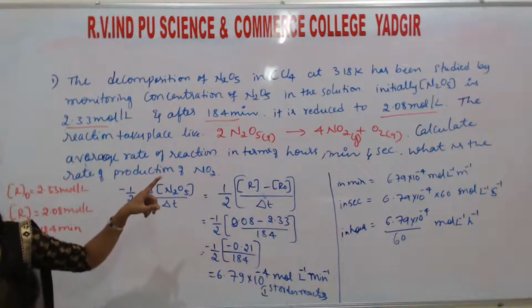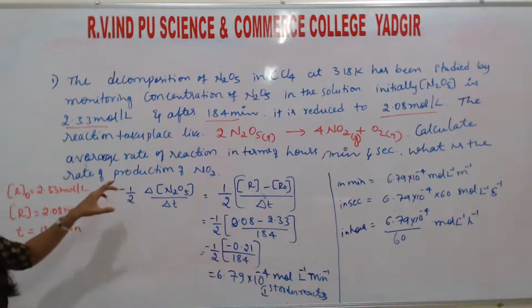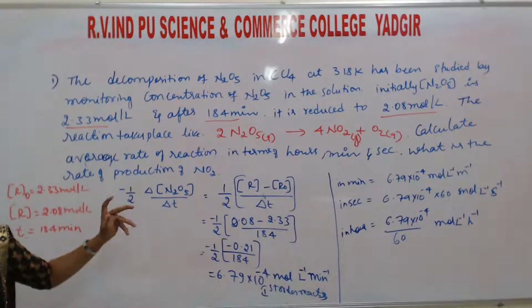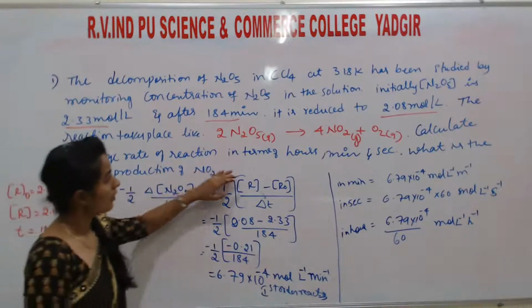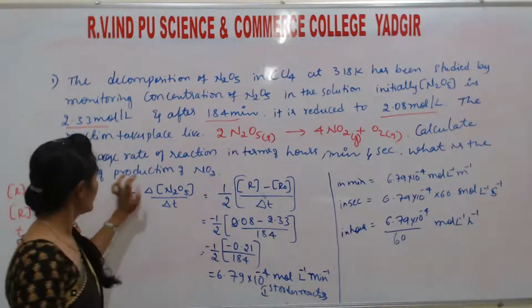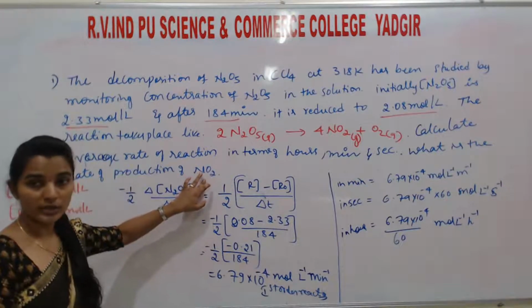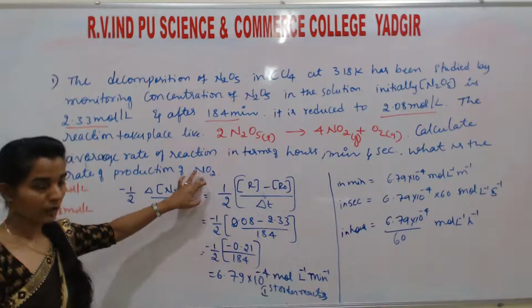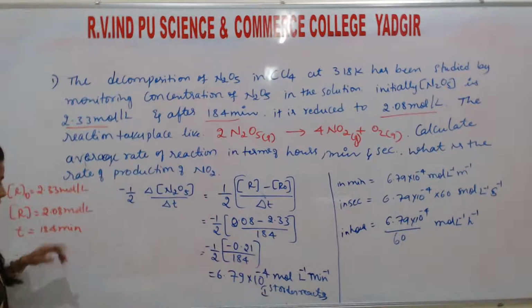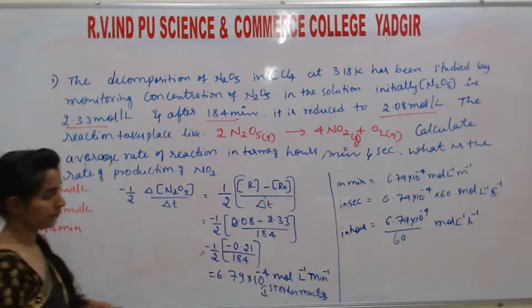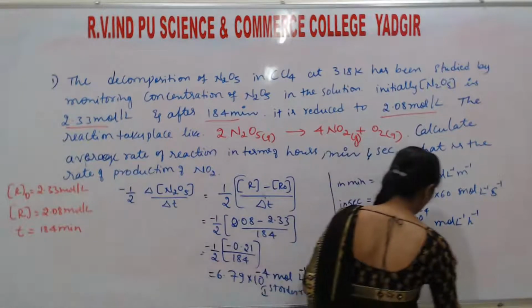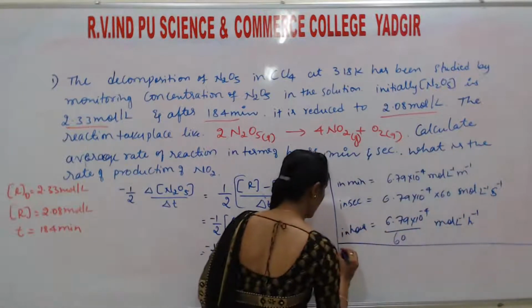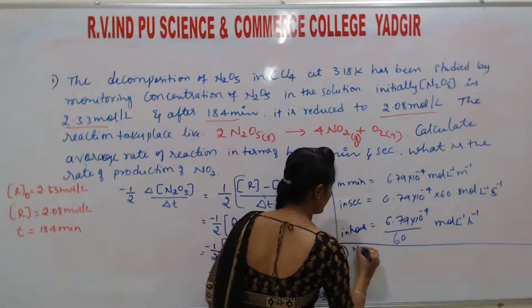Okay, this is the answer in terms of minutes, seconds and hours. Again they said students, rate of production of NO2. Okay, I hope you did that. Second one is rate of production of NO2.